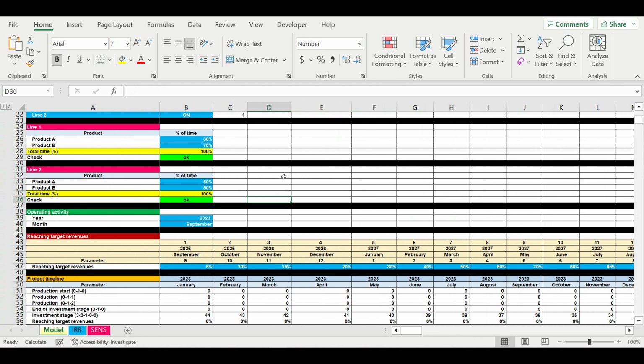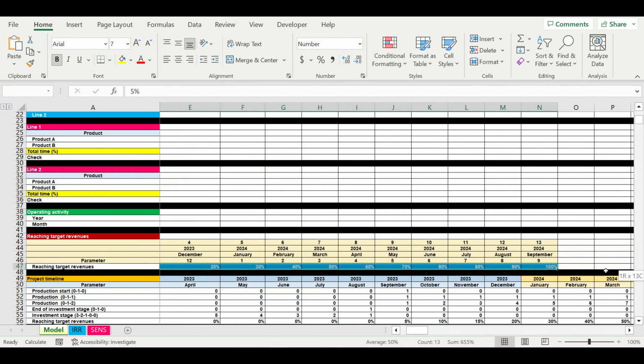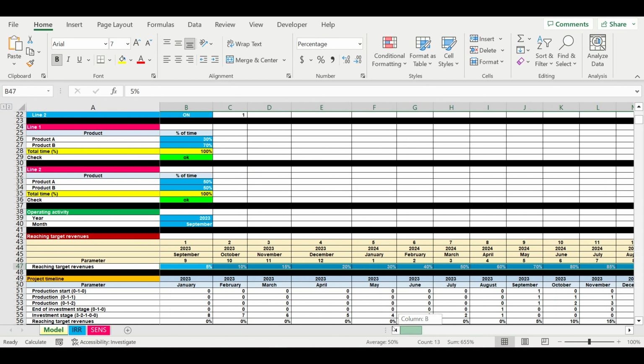Then we have a very important block of inputs. Here we can specify how fast we reach the target revenues. This block is very important when we are looking at the cash flow statement.